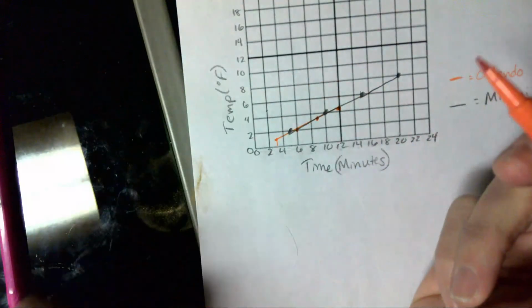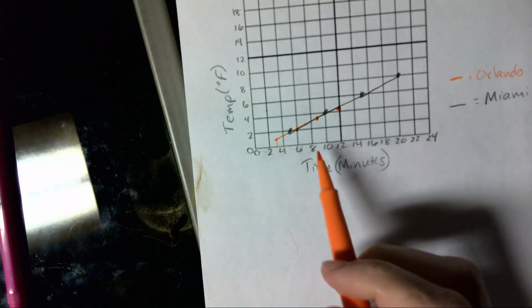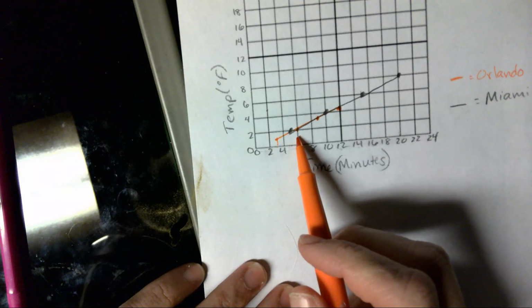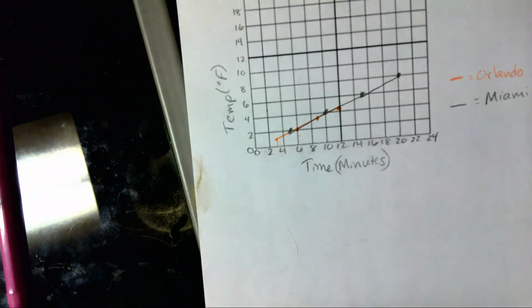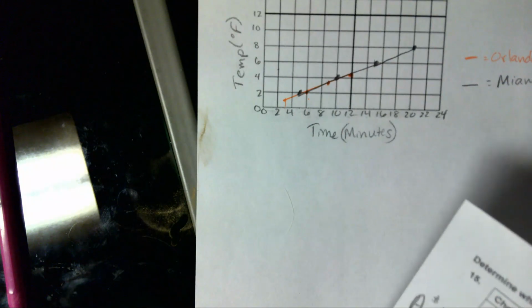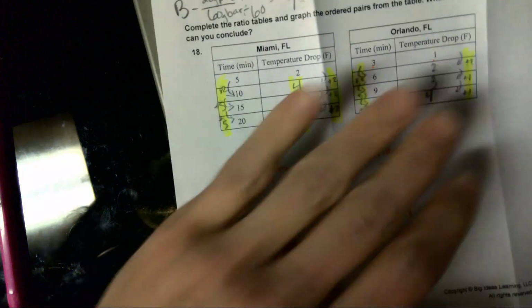And you'll notice that my orange line is pretty close on top of my pencil line when I write my conclusion statement. So part of that number 18 is, what can you conclude? I can conclude that the temperature goes down at the same rate in both Orlando and Miami.